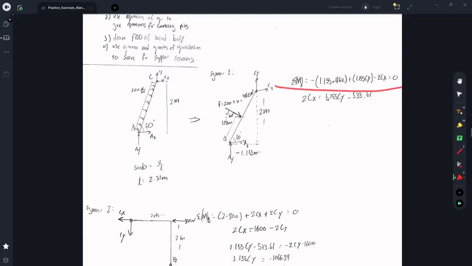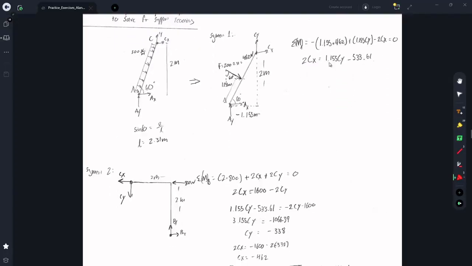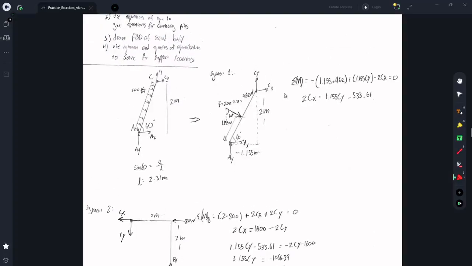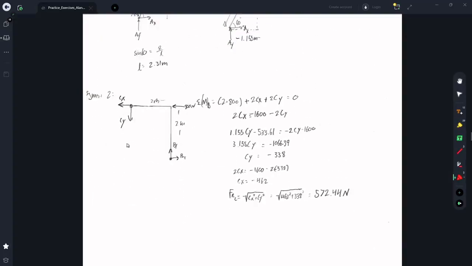Adding these together, we get this equation: 2CX equals 1.155 CY minus 0.61. That's all we can get, but we can plug that into our second frame down here.